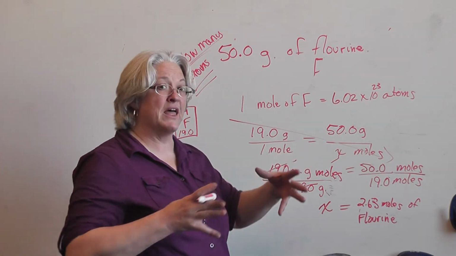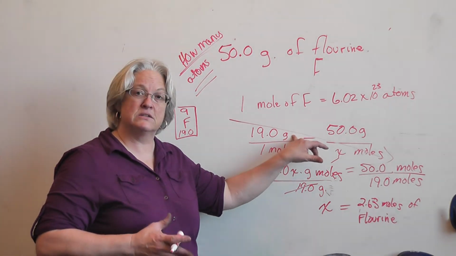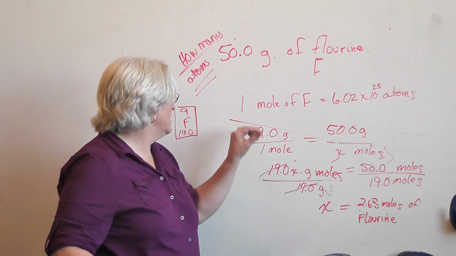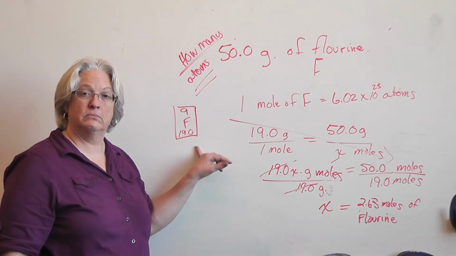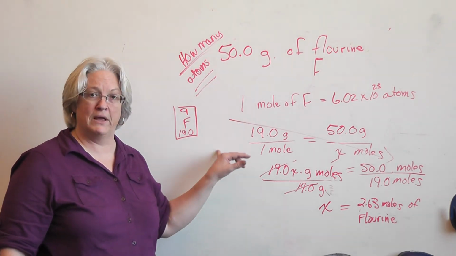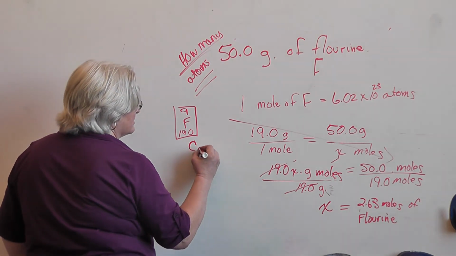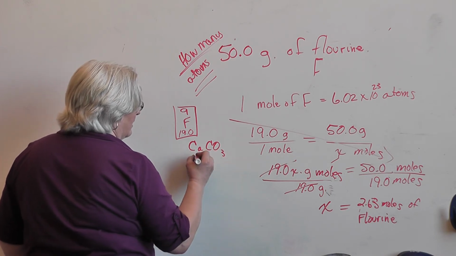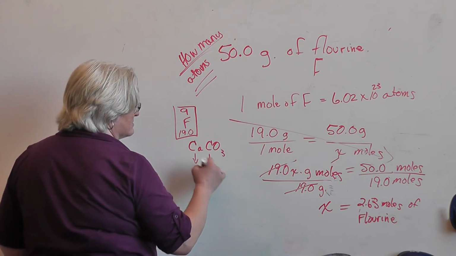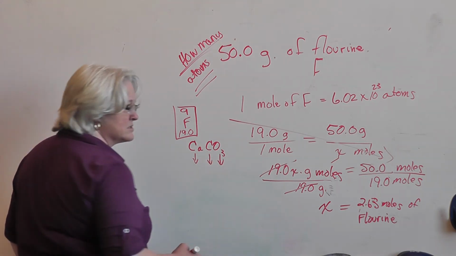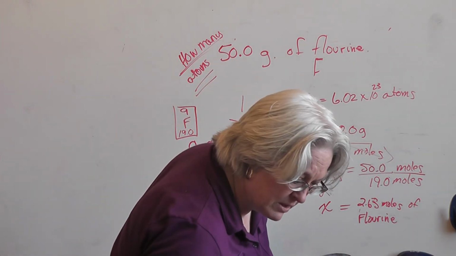And the size of that sample has to have the same mass in grams as the element's atomic mass, 19.0, or a compound's atomic mass. And if you've got a compound, like calcium carbonate, you have to look on your chart for the mass of calcium, carbon, and 3 times the atomic mass of oxygen. So let's go ahead and do that one right away quickly.